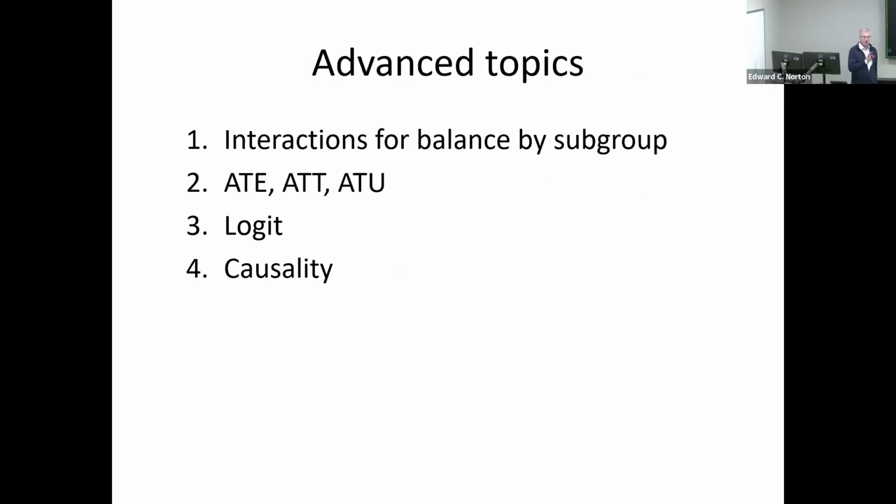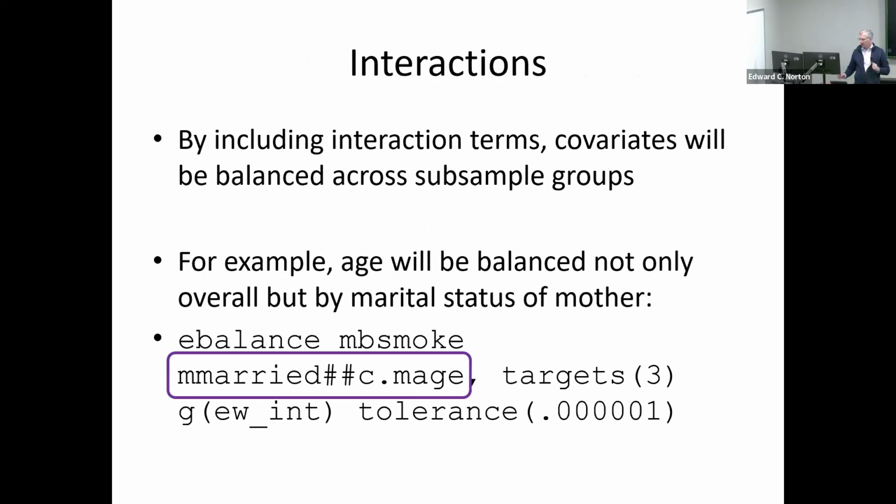I want to go through 4 advanced topics on this now that you're all experts on the basics, okay? And this gets a little bit into the question we got earlier about how many variables I want to throw in. My first answer is, well, you put in whatever you would do in the regression.